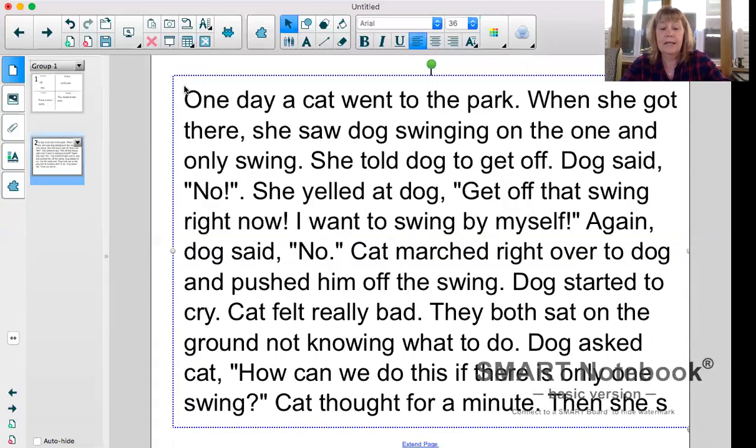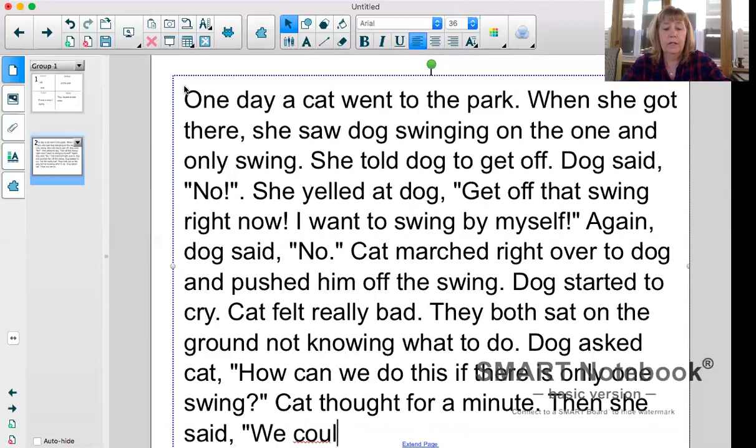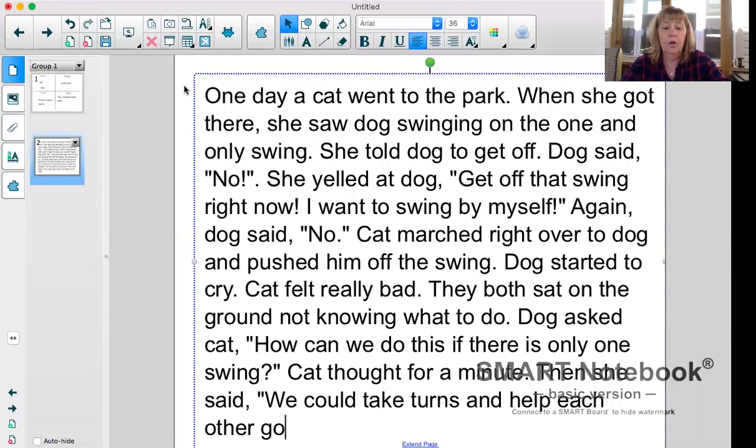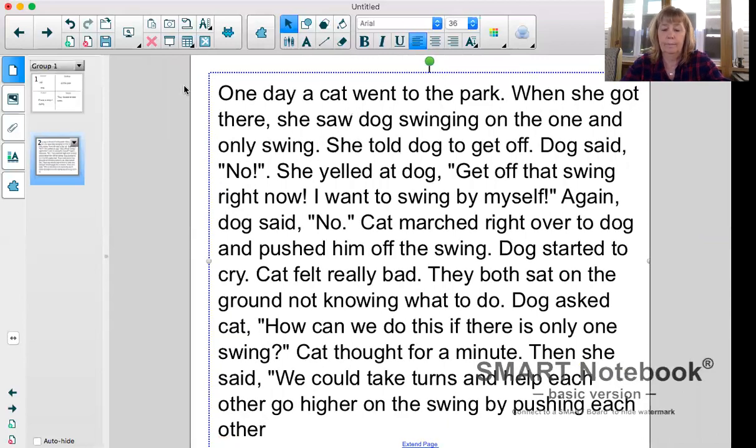Then she said, we could take turns and help each other go higher on the swing by pushing each other.